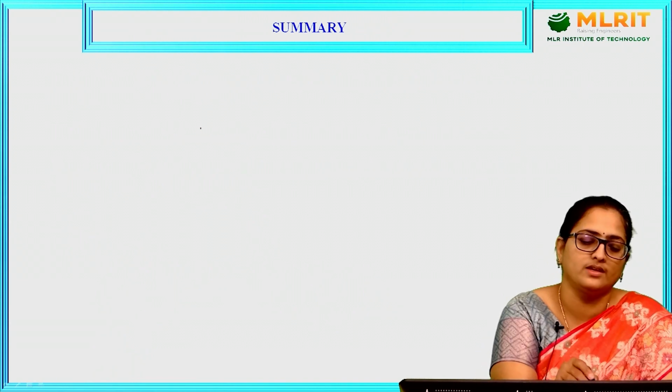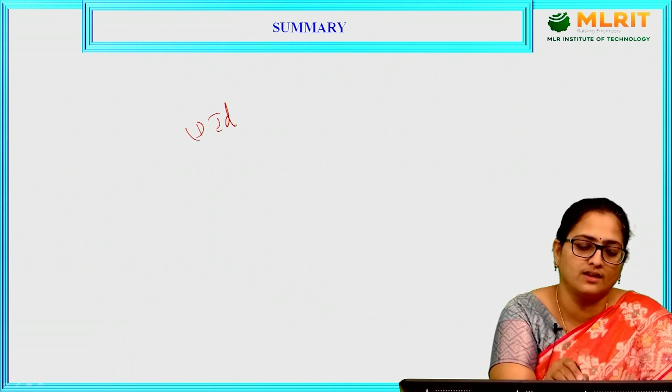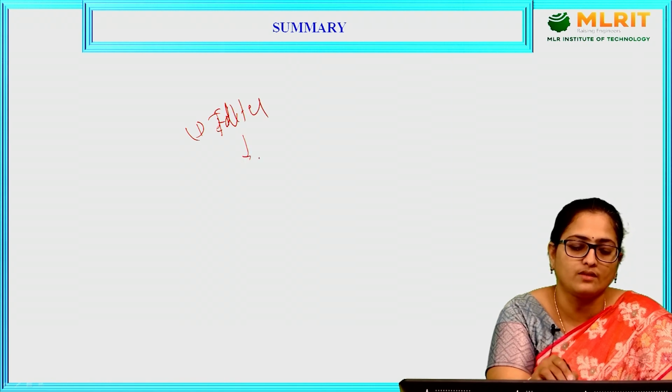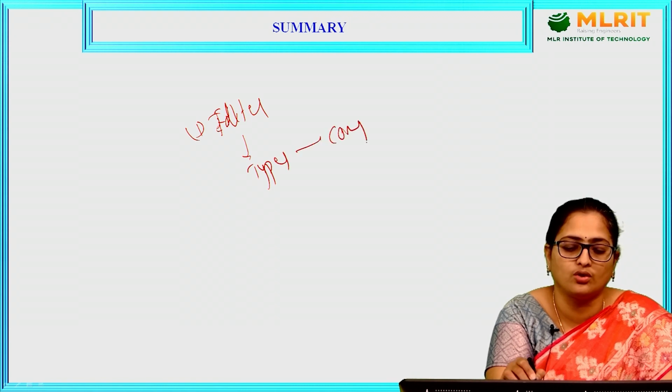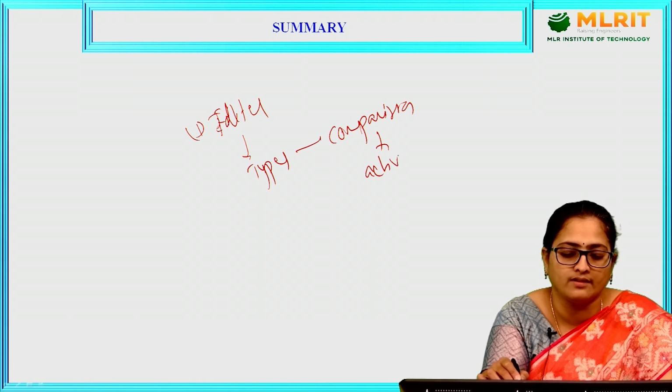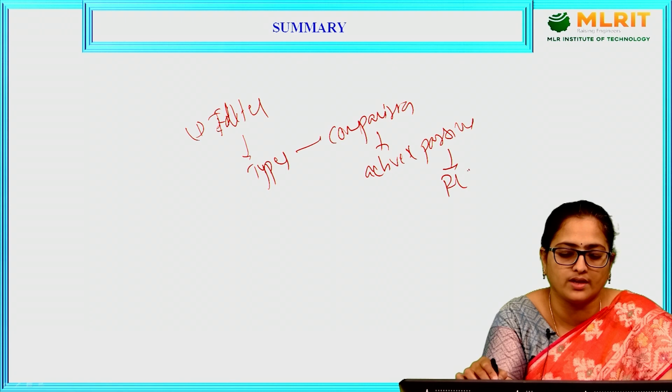Coming to the summary, here we have discussed what a filter is, the types of filters, and the comparison of active and passive filters, where passive filters use only RLC circuits, whereas active filters use an op amp.